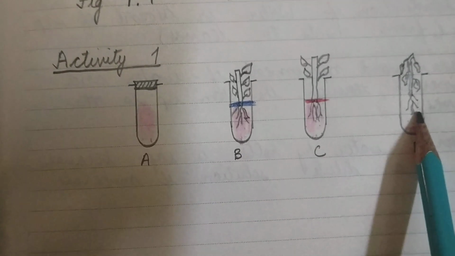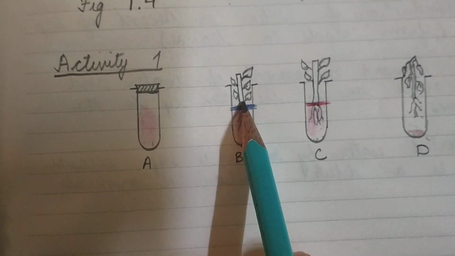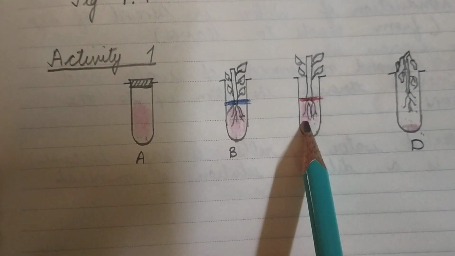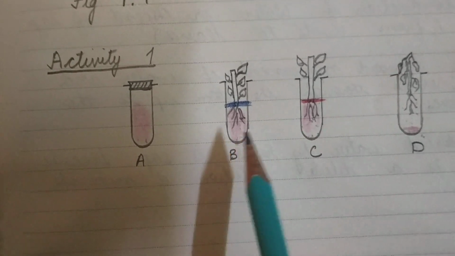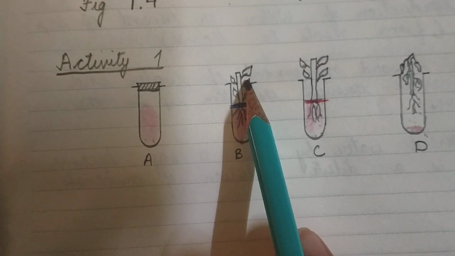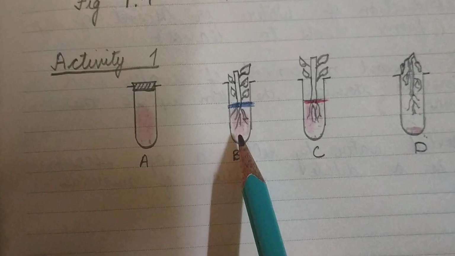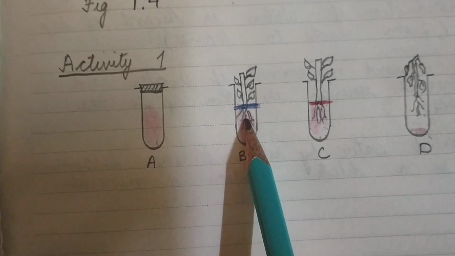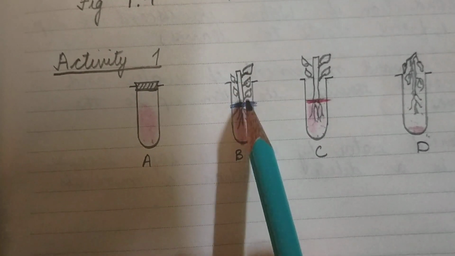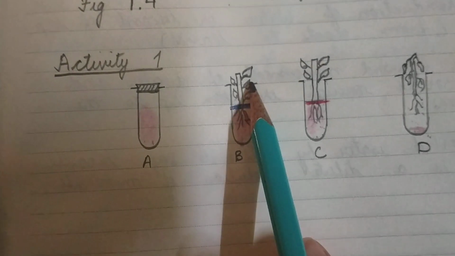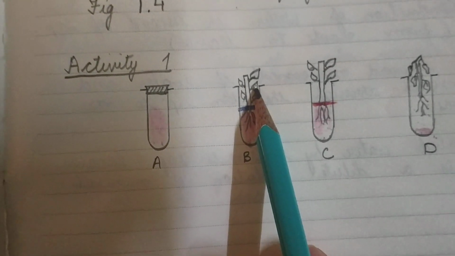So we can say that because the roots are dipped in B and C, the roots are able to absorb water from these test tubes and therefore give water supply to the leaves where the food can be manufactured.